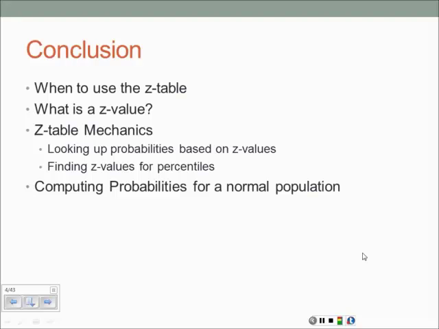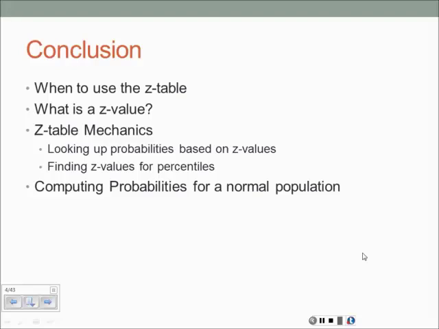Then we computed probabilities for a normal population. This extended what we've done previously with the empirical rule. So now we could get z-values that were not just 1, 2, and 3, and then find probabilities from that. Remember, we would calculate the z-value for 1 or 2 numbers depending on whatever we did. Make sure you shade the curve first.